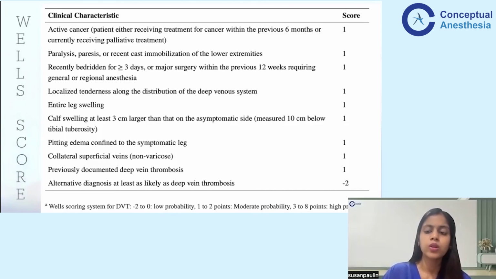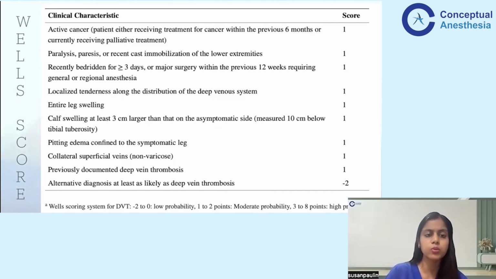These are the risk factors and characteristics looked at in the Wells score. Based on this scoring system, you will classify the patients as high or low risk, with a two-level or three-level risk classification. Based on this, you can score and stratify your patients and then plan for prophylaxis.